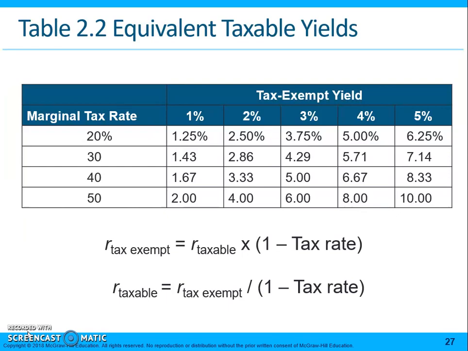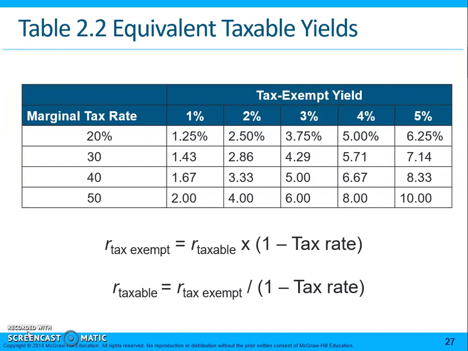So if we look at the 2% column, an individual with a municipal bond that yielded 2%, the taxable equivalent yield would be 2 divided by 1 minus 0.2, which would be 2.5. We go down to 40%. 2 divided by 1 minus 0.4, or 40%, is 3.33. 2 divided by 1 minus 0.5 would be 4%.